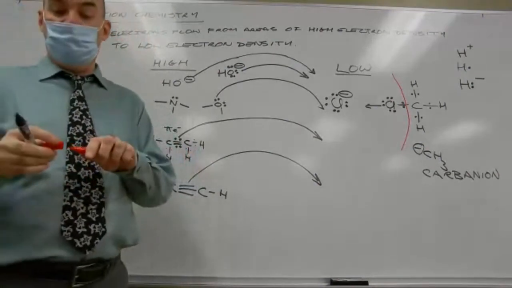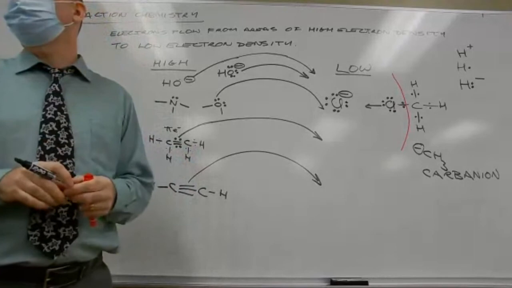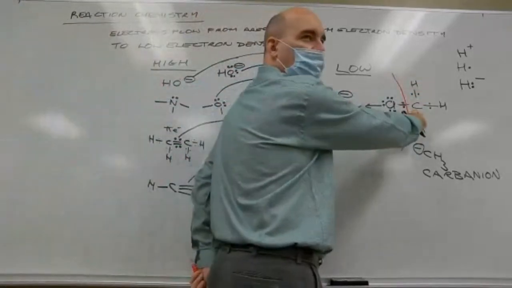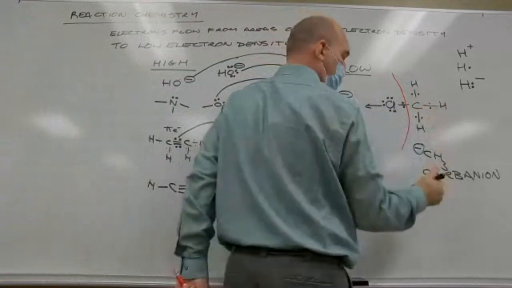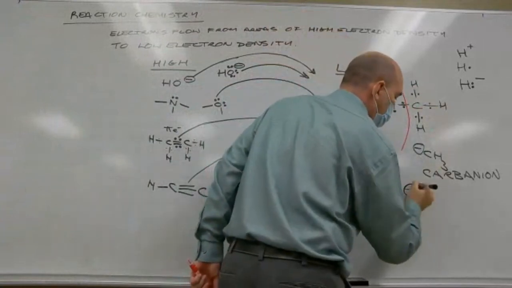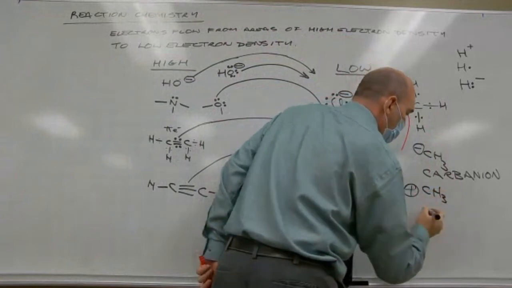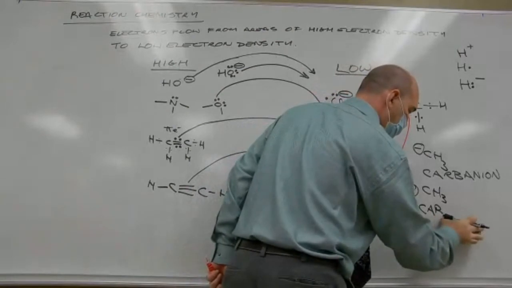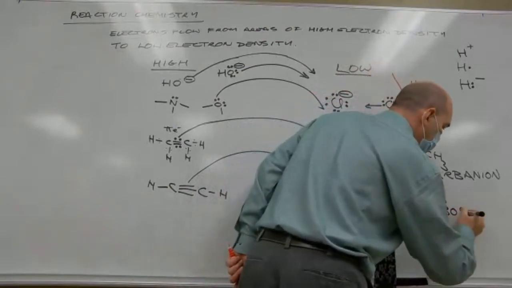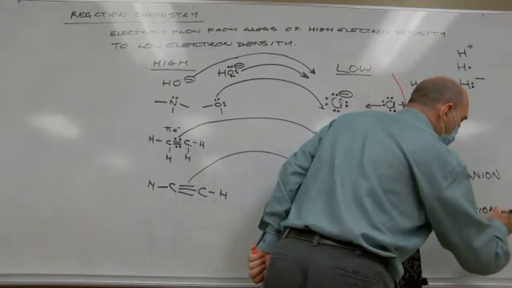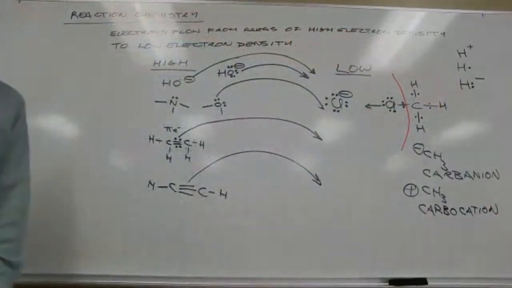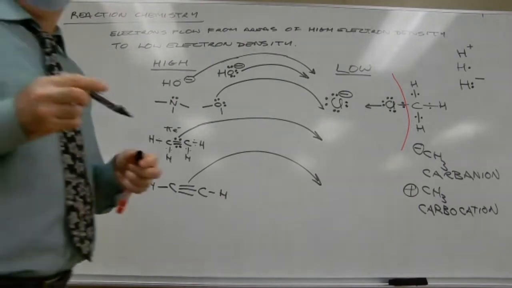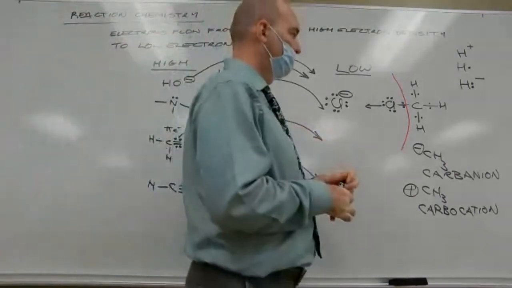If it steals an electron, it gets to be chloride, has a closed shell configuration. So it steals an electron and leaves a positive behind. Oh, that's an R. And that leaves you something called a carbonium ion, now widely called carbocation. Okay?